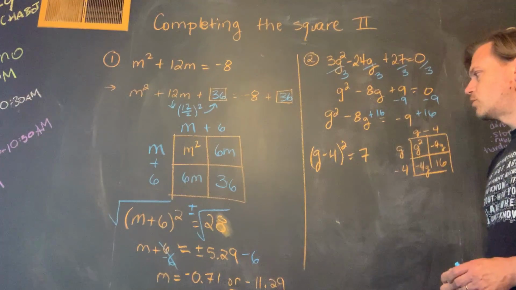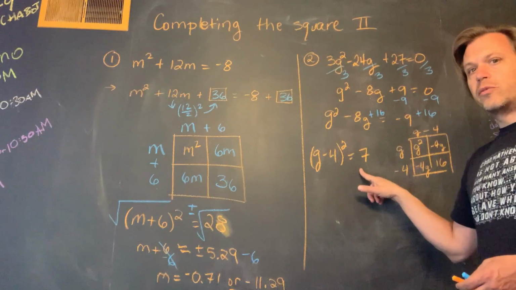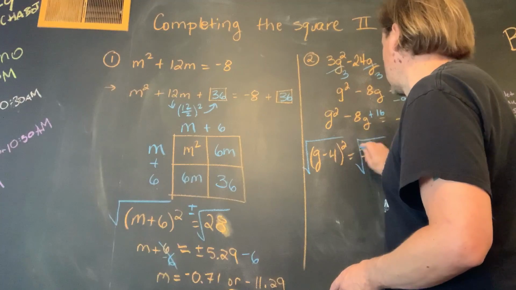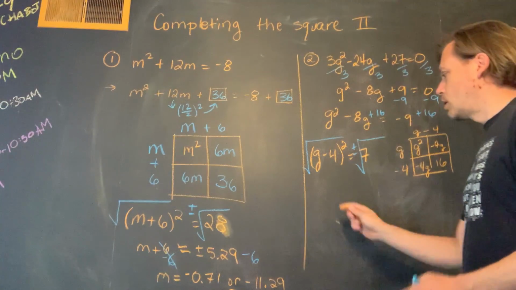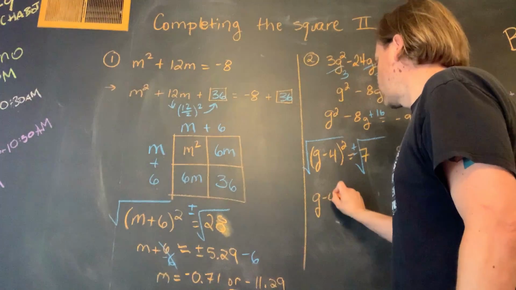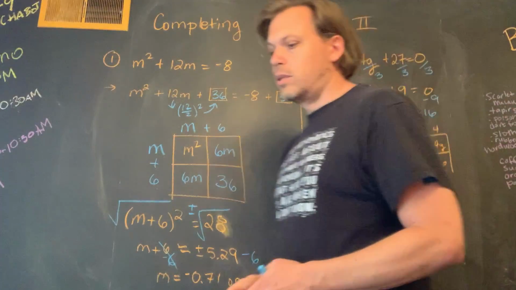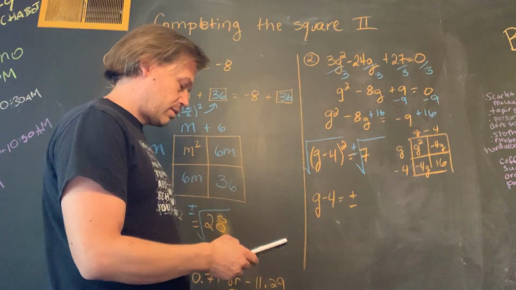Then I have g minus 4 squared equals 7. This one is where I take the square root of both sides, plus or minus the square root there. And I get g minus 4 equals positive or negative. We'll find out what the two answers are, but let's take the square root of 7 first.